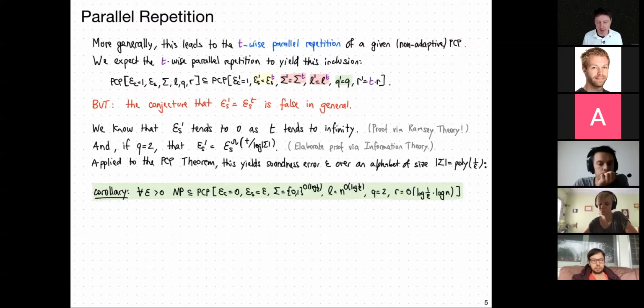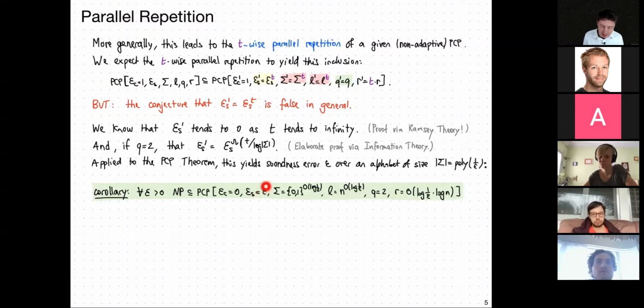Yeah, it's a complicated subject. It's not the main point of today. Yeah, there's no additional consistency checks. But the point is that with the parallel repetition theorem applied to the PCP theorem, you learn that you can drive down the soundness error to any constant that you want, provided you take a polynomial blow up in alphabet size and proof length, still having two queries. Okay.